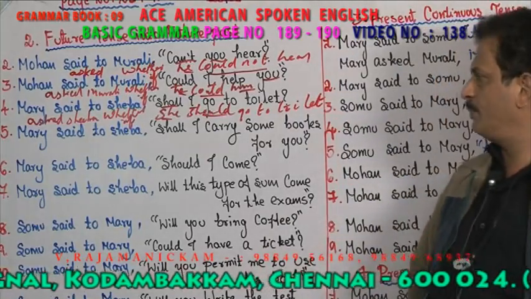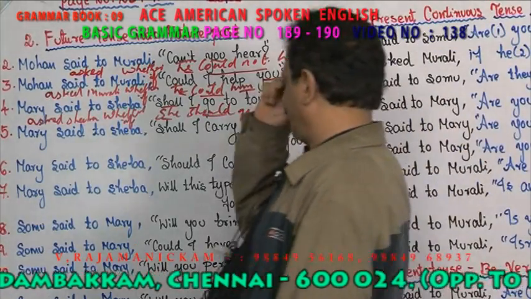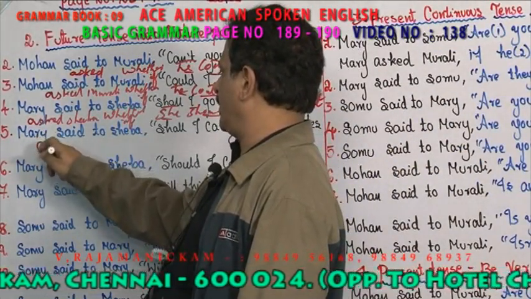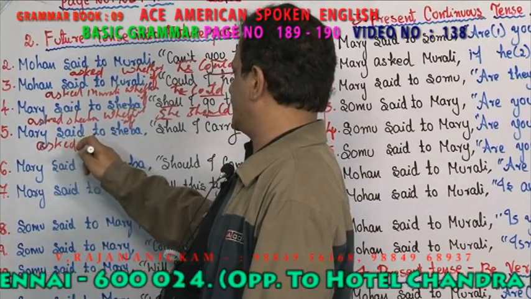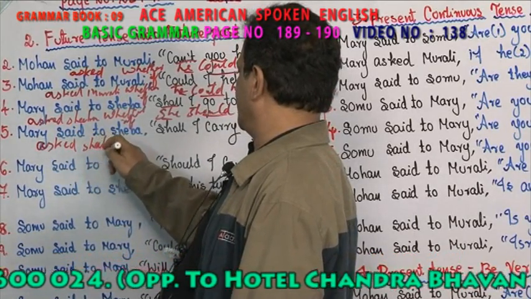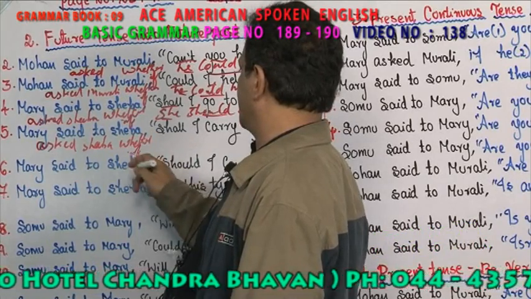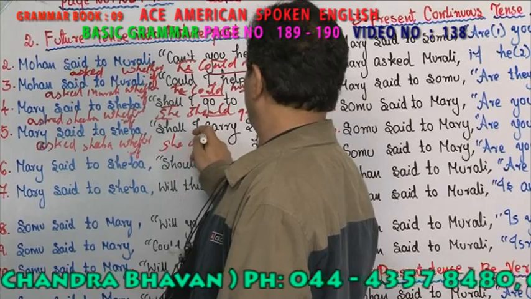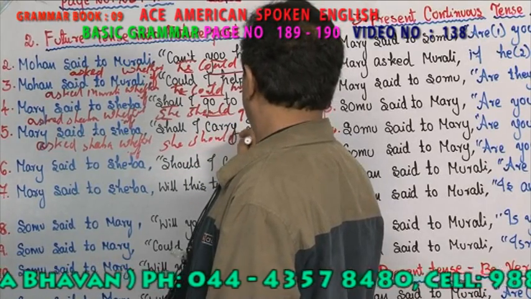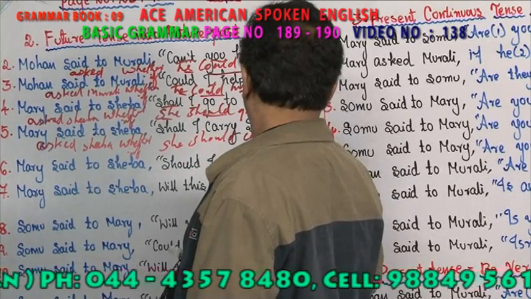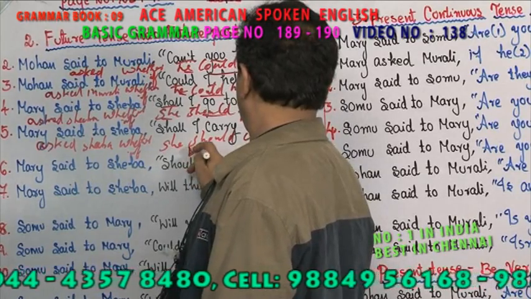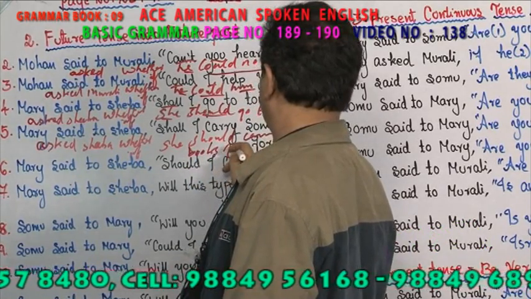Mary said to Sheba, shall I carry some books for you? So, how does it change? Mary asked Sheba, whether or if she should carry some books for her, right sir.